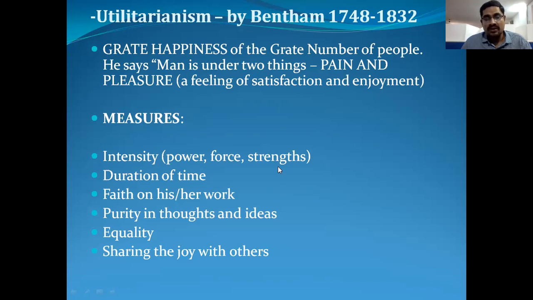So first of all, you need to find out your strengths and powers. That is intensity. So measure your powers and strengths, and then duration of time. Fix time for achieving your targets, your plans, your objectives. So fix the time and know your strengths, right?